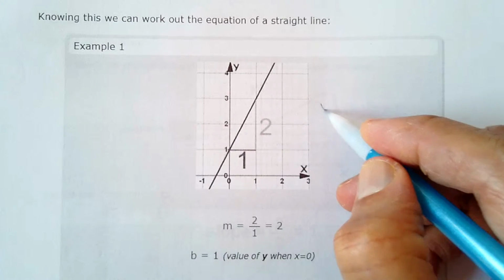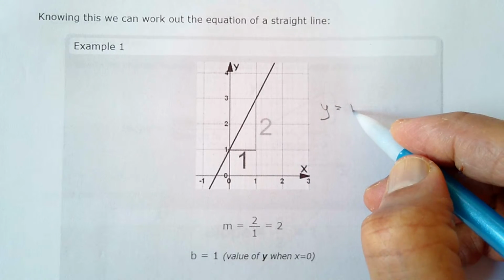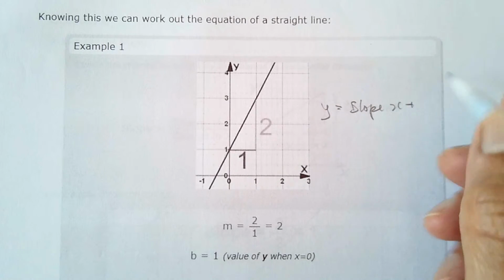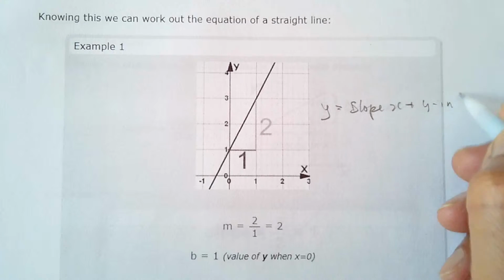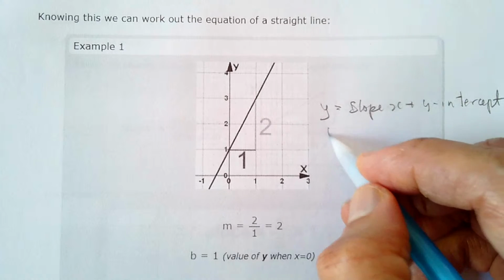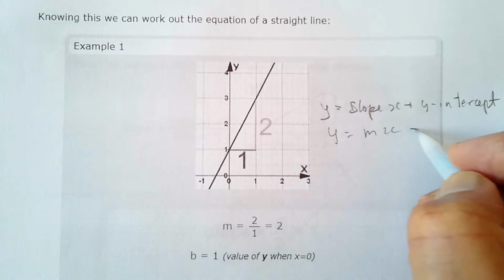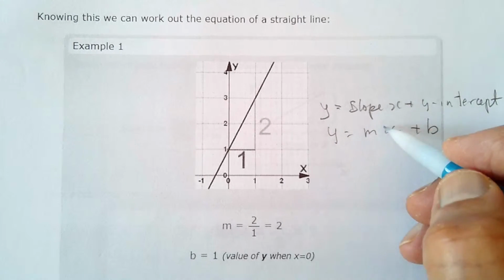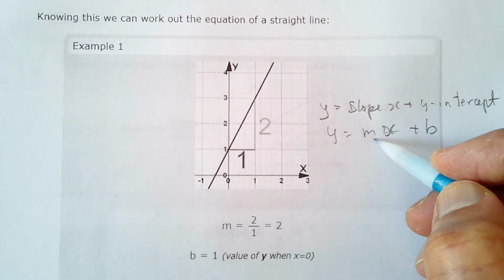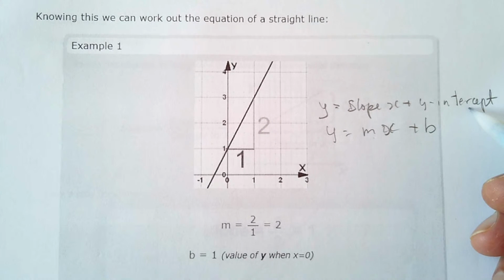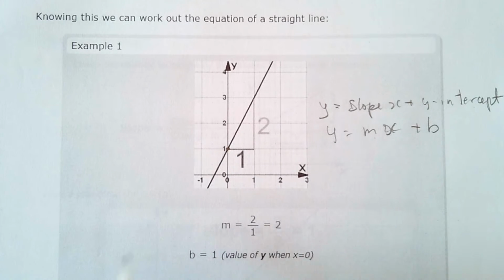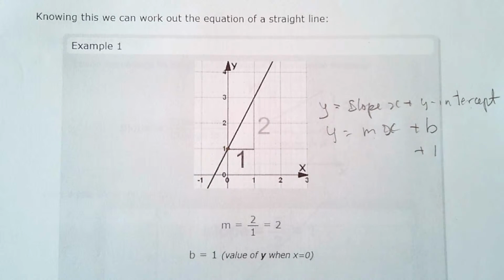So remember, y equals your slope times x plus the y-intercept, or y equals mx plus b. The two things you need to derive are the slope and the y-intercept. First, the y-intercept here is 1, so this will be plus 1.